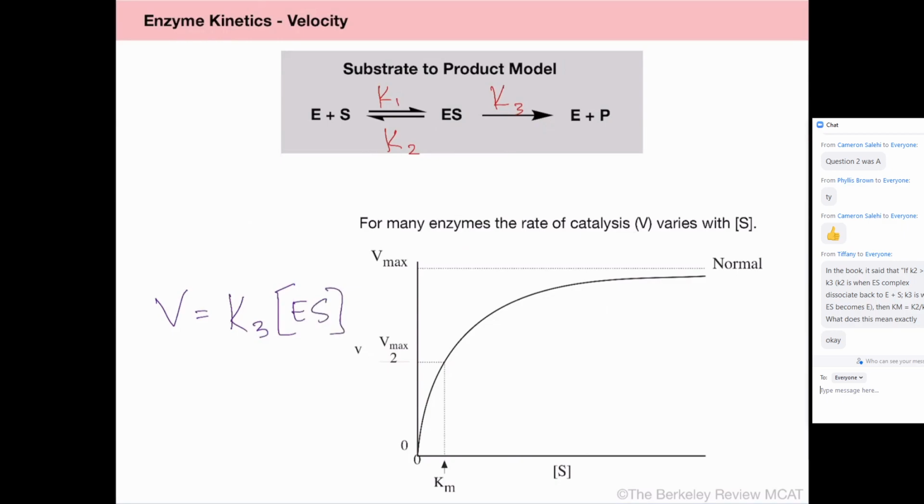All right. And so we're going to get back to this, but if you notice on this graph, if you have a very low substrate concentration, you can see that this is almost linear. So at a fixed enzyme concentration, when the substrate concentration is small, the velocity is almost linearly proportional to the substrate concentration, and this is what we call first order kinetics.